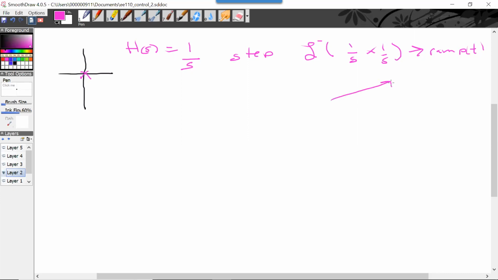It's not exponentially going up, but it will never settle. If I have a pair of poles right on the imaginary axis, that's something like this.